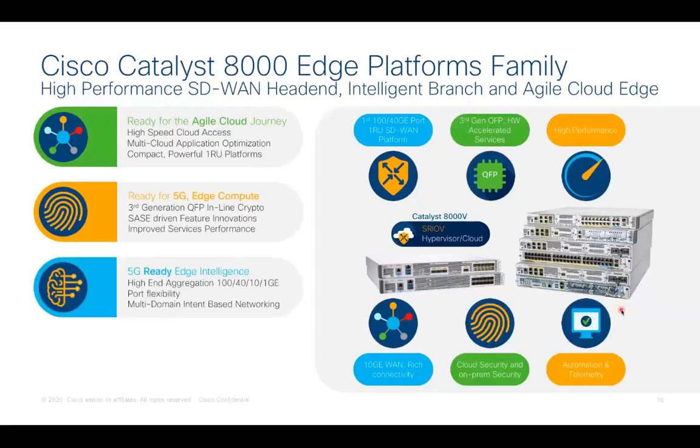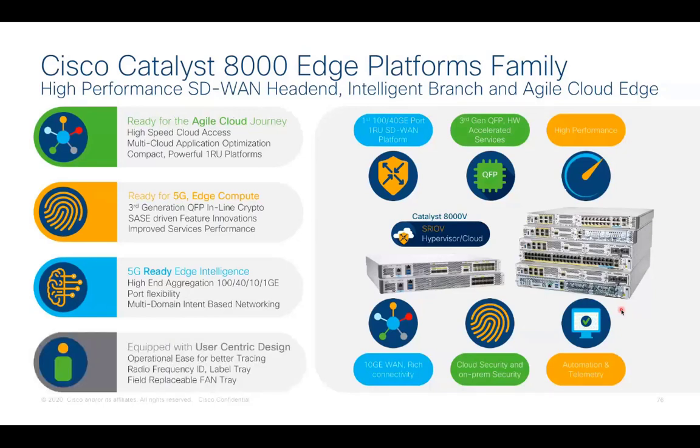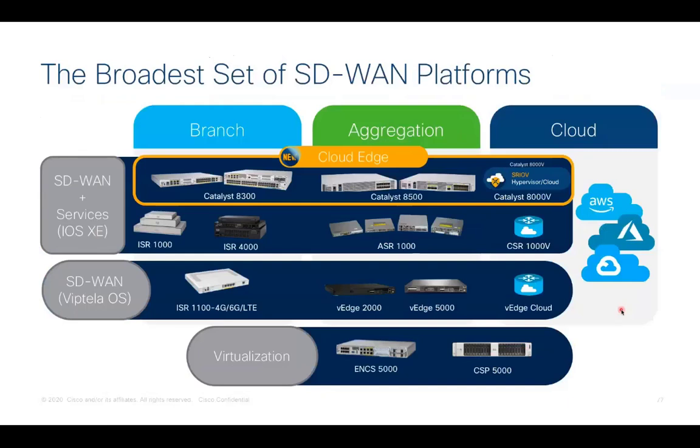We talked about the Catalyst 8000V software's strong presence in the public cloud market to provide multi-cloud architecture, simplification, and application optimization. We talked about the future 5G-ready branch for high-speed cloud access over cellular. And all these platforms are built with user-centric design to bring platform consistency and user operation consistency across the family.